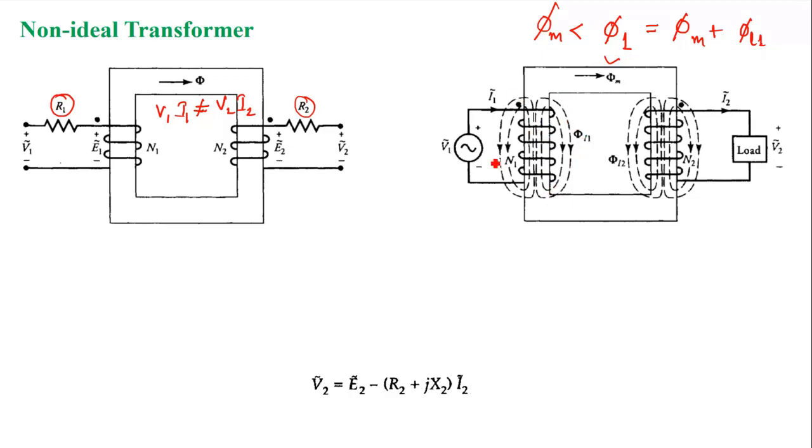So leakage flux will be in the air, right? That means the leakage flux is a quantity which is not linked to the primary and secondary windings, that is, it is leaking into the air.